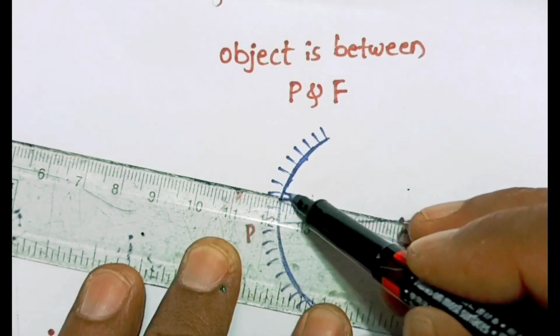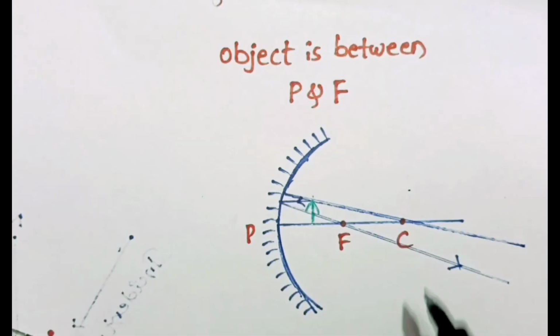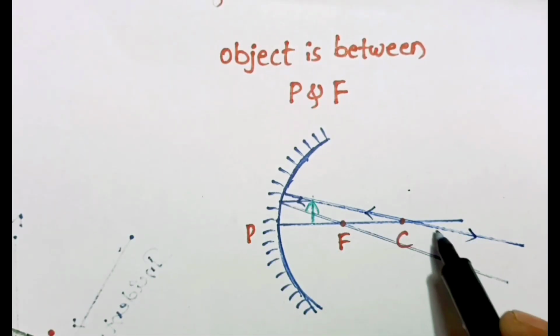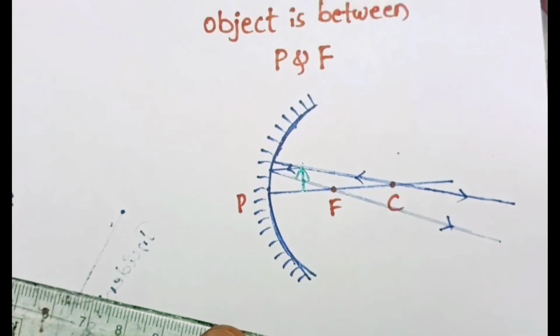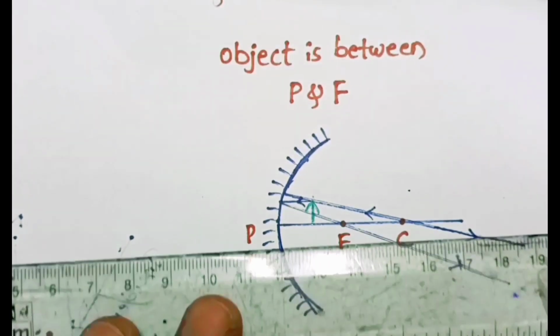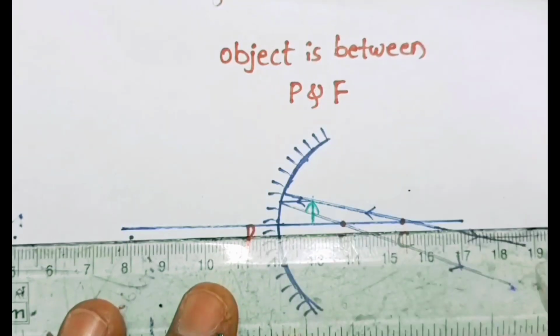Since this incident ray passes through the center of curvature, it will bounce back after reflection. We notice that the two reflected rays diverge and will not meet. This ray diagram tells us that since the reflected rays are diverging, we will not get an image anywhere.